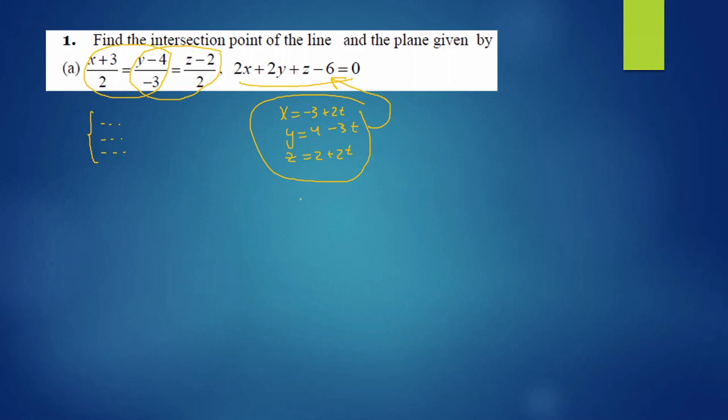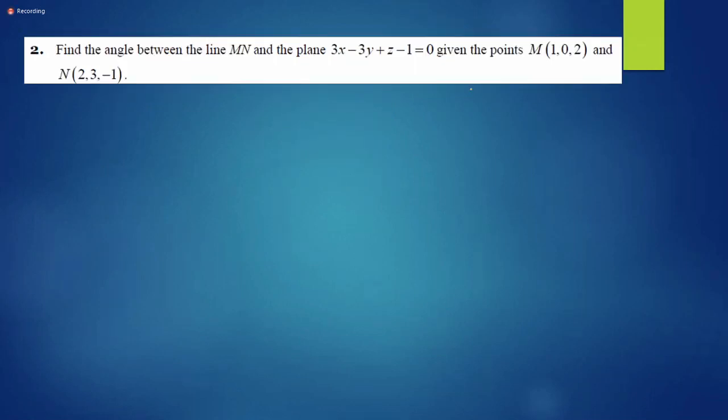Now, the angle between line and plane basically means we need to find the direction vector of the line. We do not need the equation of the line. We only need the direction vector. So if you can find the direction vector mn, you have the normal vector from the line, and you find the angle.